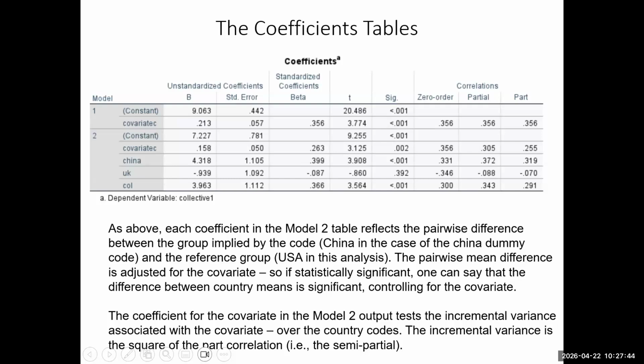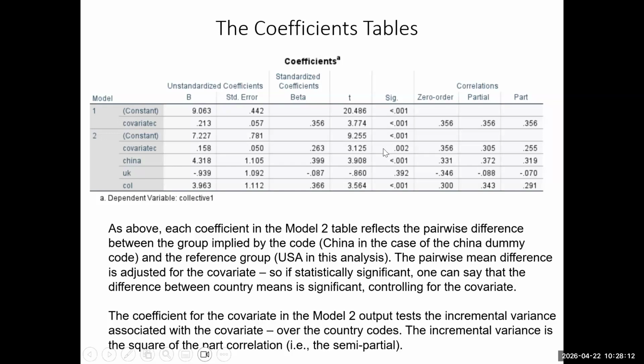All right. The first bullet point here mentions the point I was just talking about, that these pairwise differences among the countries are adjusted for the presence of the covariate. The lower bullet point here talks about how in the model 2 coefficients, we can get a test of whether or not the covariate accounts for incremental variance in collectivism over the country codes.